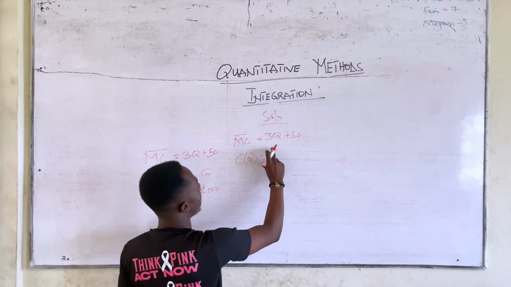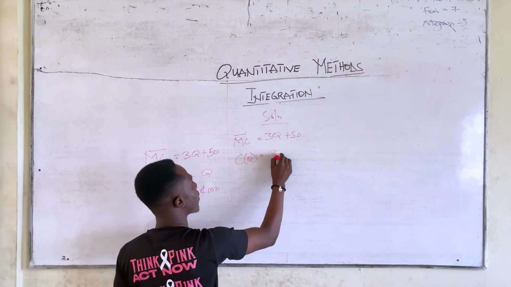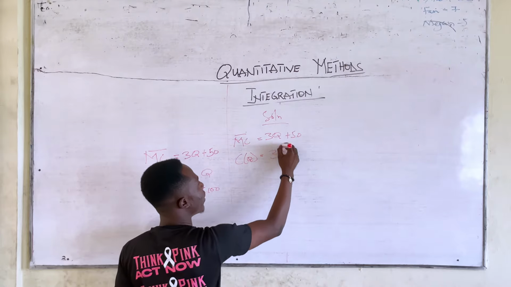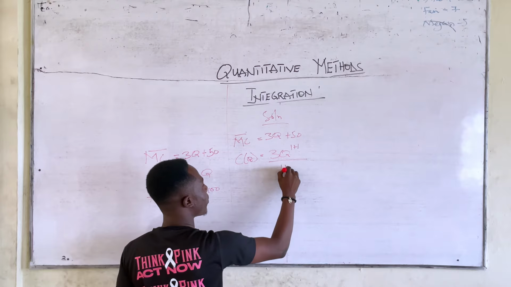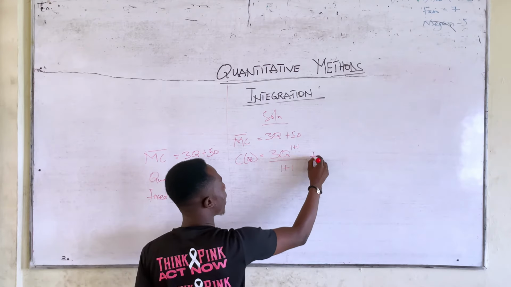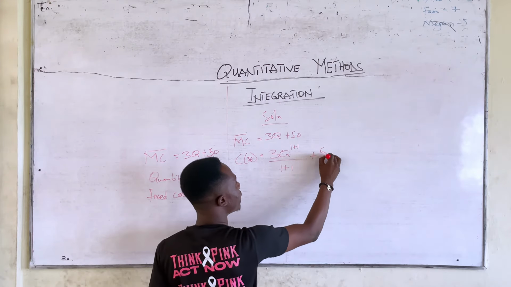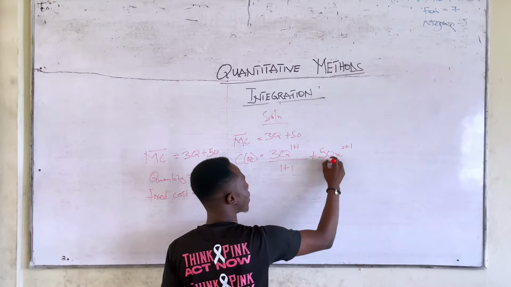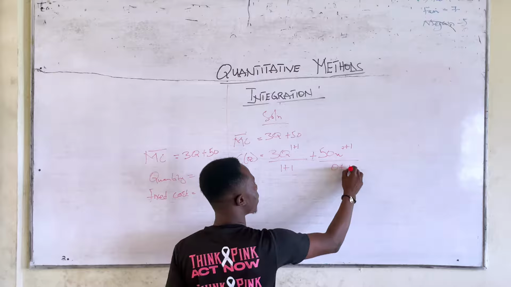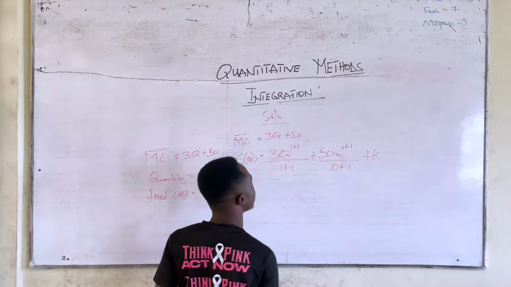So this one we have what? 3q. We have exponent 1 here already. So 1 plus 1 over 1 plus 1. We have plus 50. So 50 has x exponent 0 attached to it. We add our 1 and we divide it by the exponent. Then we bring our k.